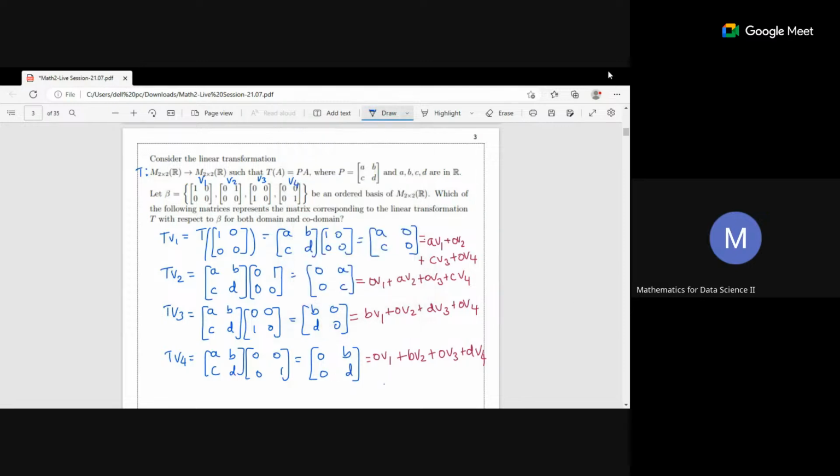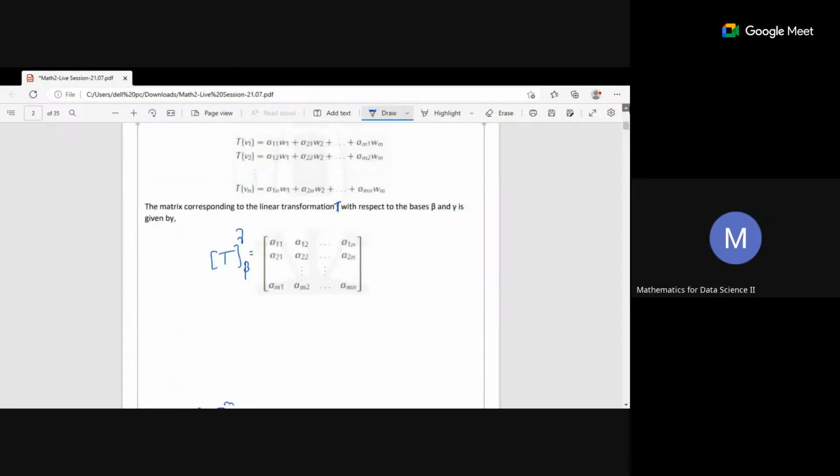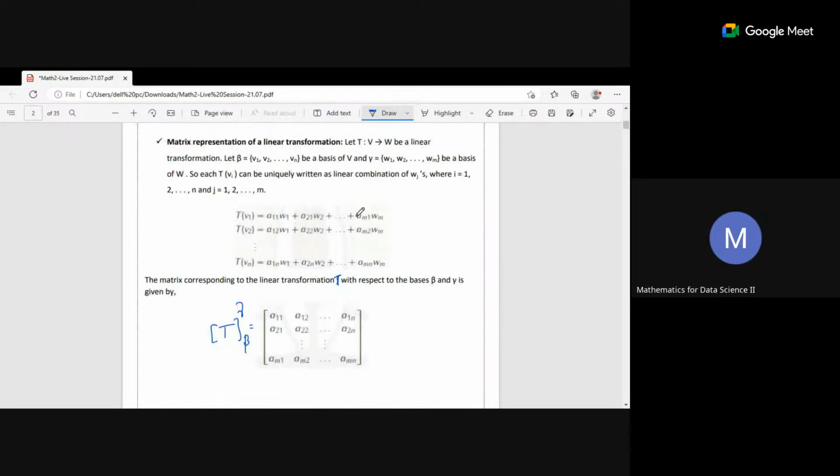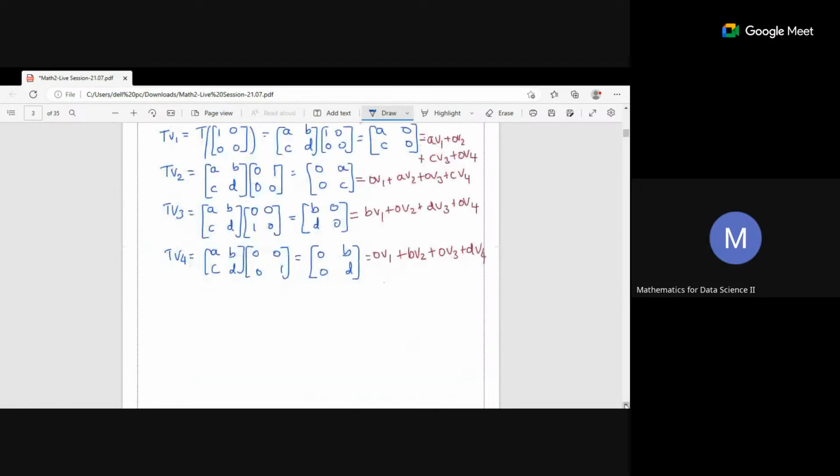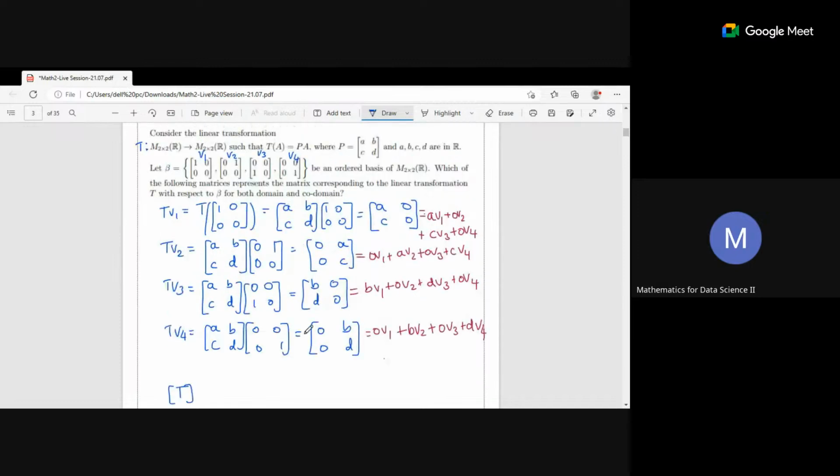Okay. So now how to write the matrix? We have to write these coefficients in the column. So let us write. What is the name of this basis? It is beta.